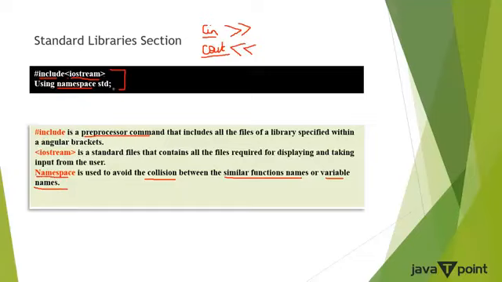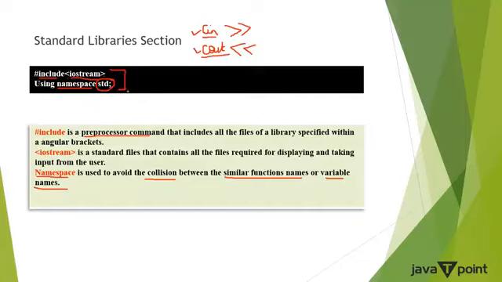In C++, std is a predefined namespace. The functionality of cin and cout is defined in the std namespace. So to use the cin and cout objects in your C++ program, you have to use the std namespace.